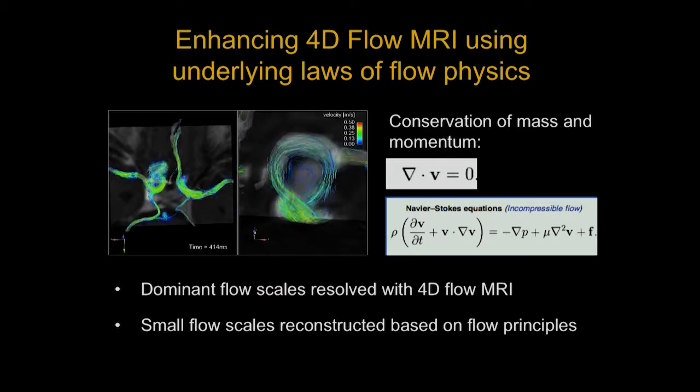We have 4D flow patterns, and we have some missing information near the wall or in the center of this vortex. So we resolve the dominant scales of the flow, but we're missing some information in the near wall layers. And we hope that we'll be able to reconstruct this if we know the error of 4D flow and we use our knowledge of the flow, such as mass conservation and momentum balance.